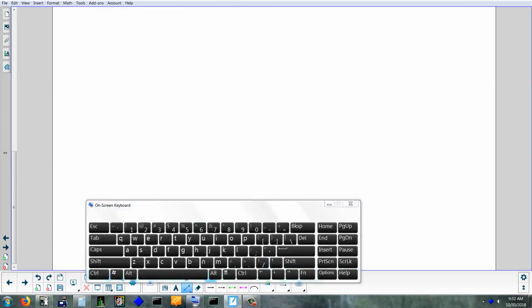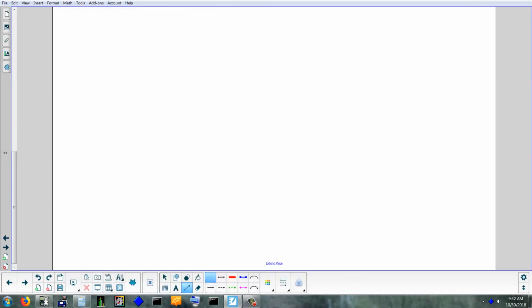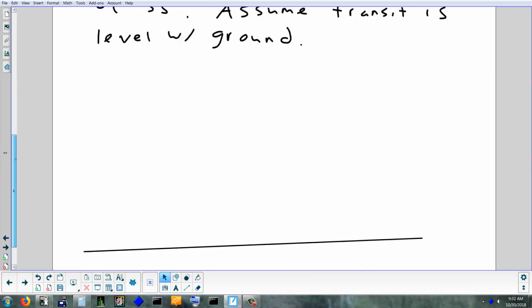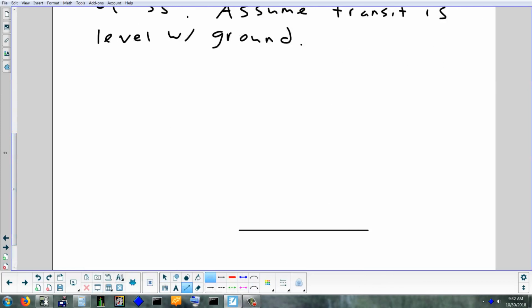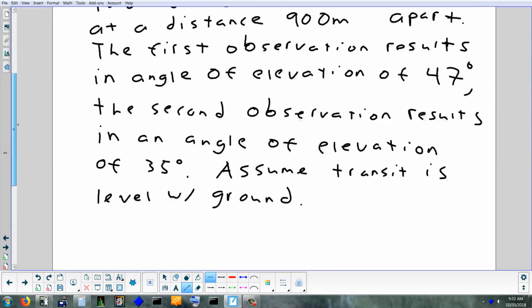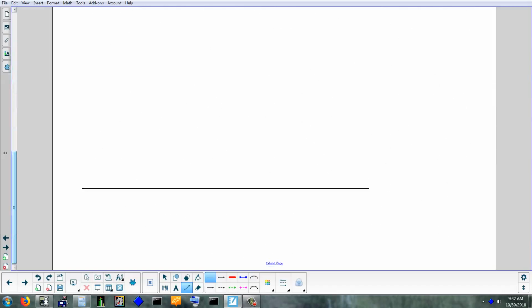So, first thing we need in the picture is the ground. So there's our ground. That'd be nice if we made the ground straight. That's always helpful. And we have a mountain somewhere over here. There's our mountain.